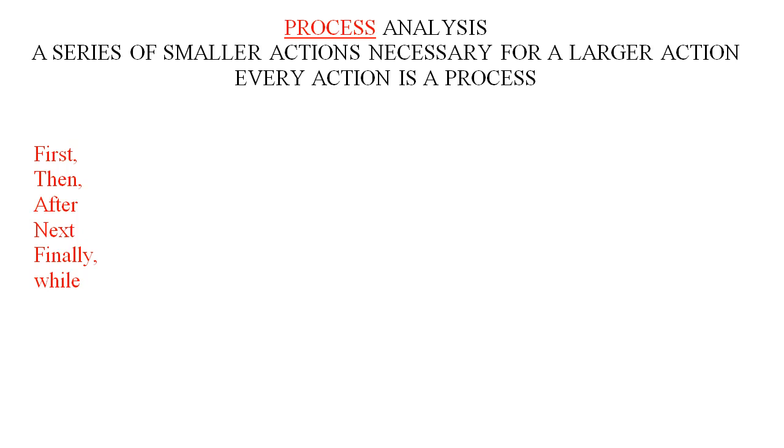This is a way that you can help your reader through a process analysis by helping your reader understand where he or she is in the process, in the course of the action. A process analysis typically works best when it uses these kinds of transitions of time. So it might be in your best interest to go back and look again at the transitions of time.